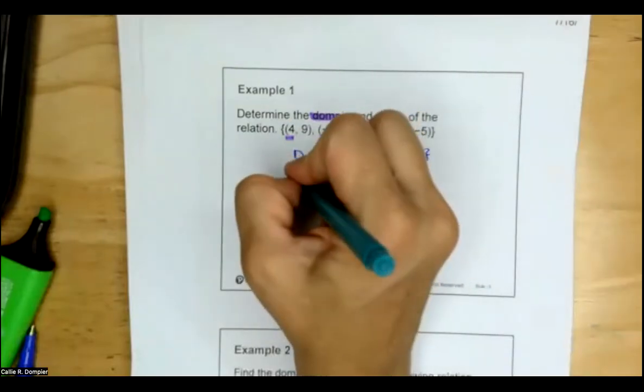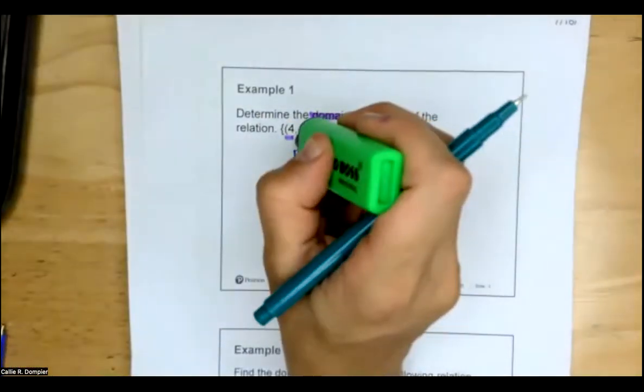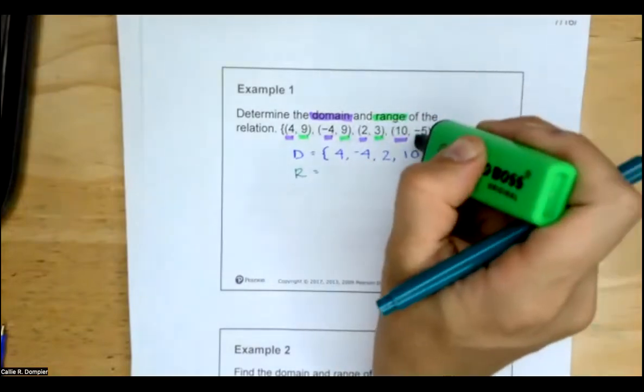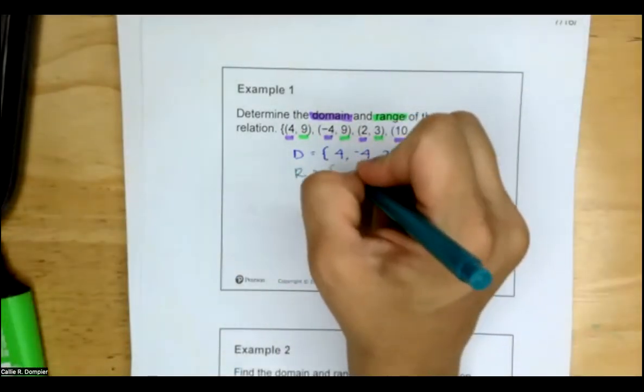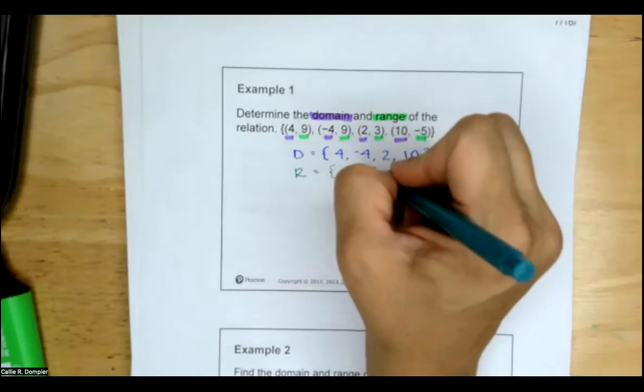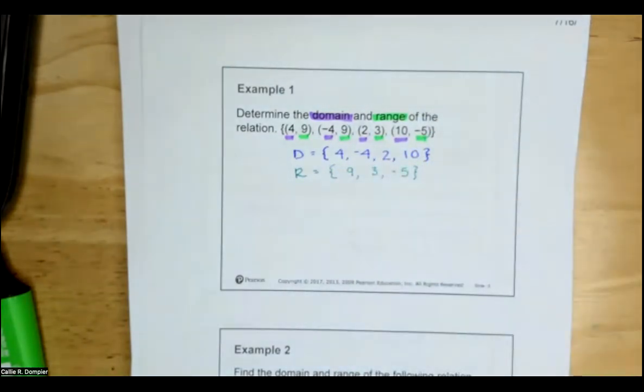And my range is each y value. You don't need to repeat them. 9, 3, and -5 are my y values.